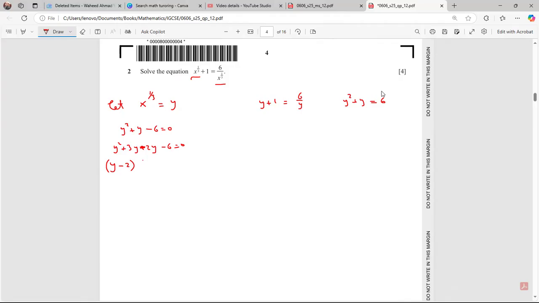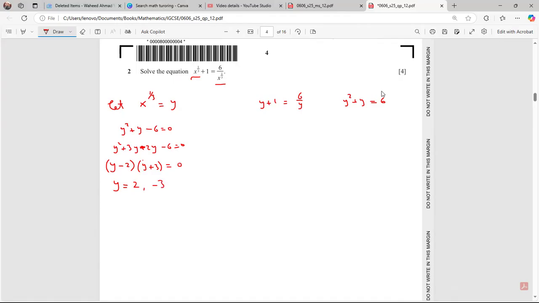So minus 3y and plus 2y will make minus y. Then when you take y common, this will become y plus 3. So these are the two factors. So this is giving me two solutions, y equal to 2 or minus 3, right?